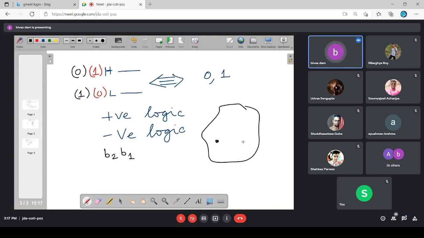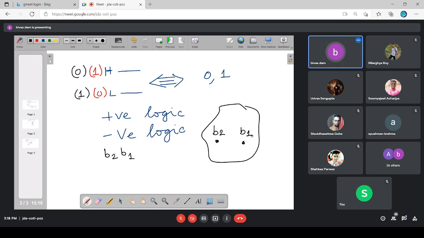I have one circuit. Here I have one electrical node, and here I have another electrical node. If the electrical voltage level at this particular node gets translated to the logic domain, it gives you B2, and the electrical voltage level coming out of this other electrical node, when translated into the logic domain, gives the signal B1.